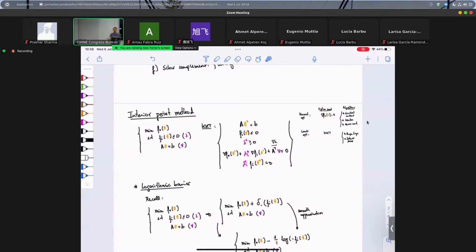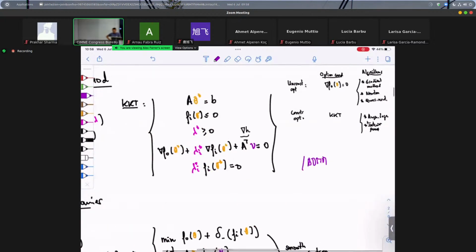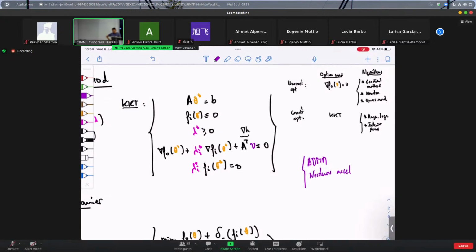I wish I had more time to explain advanced optimization algorithms that are used nowadays, for example ADMM, the alternating direction method of multipliers. Also, if you're interested in Nesterov acceleration, also proximal methods.